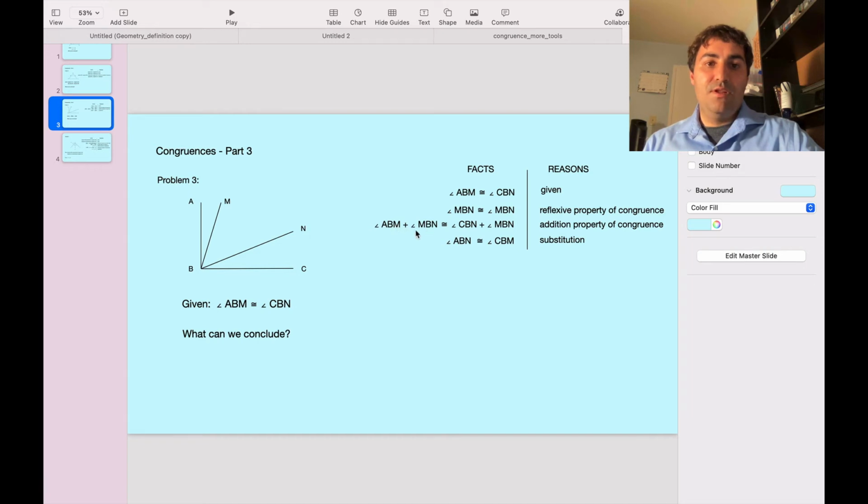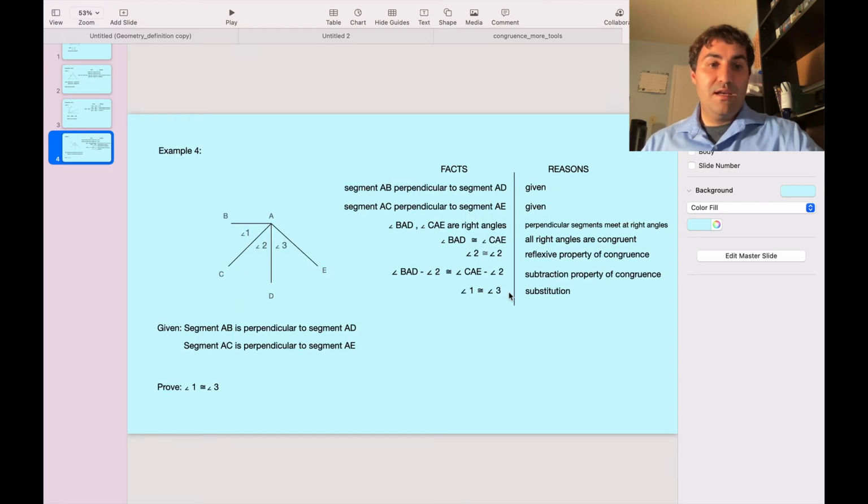Angle ABM plus MBN is going to be angle ABN. And then on the right side, angle CBN plus angle MBN is going to be this angle CBM by substitution.